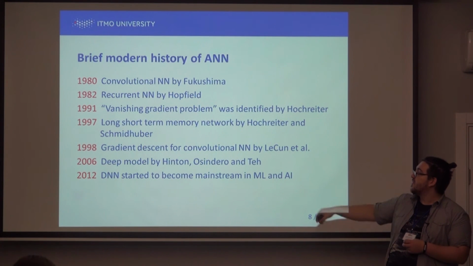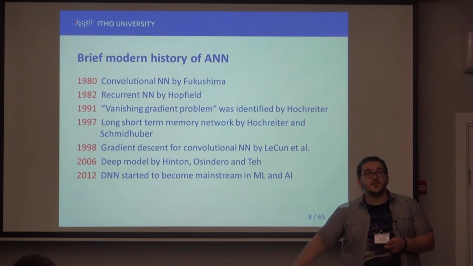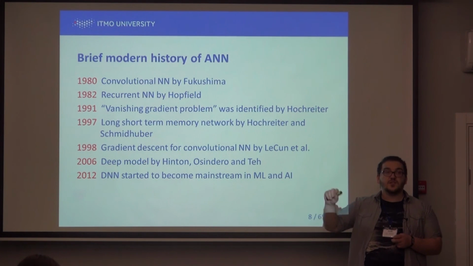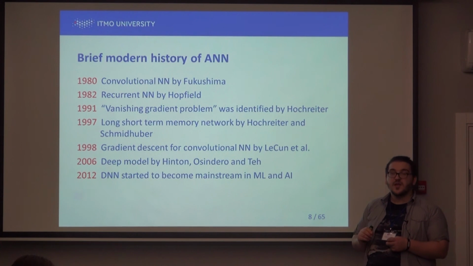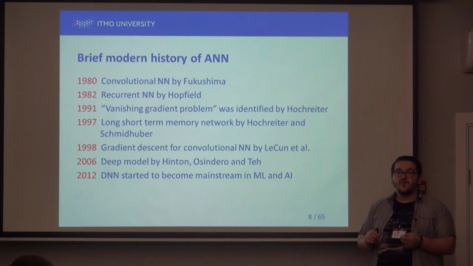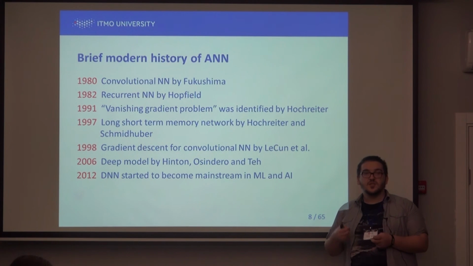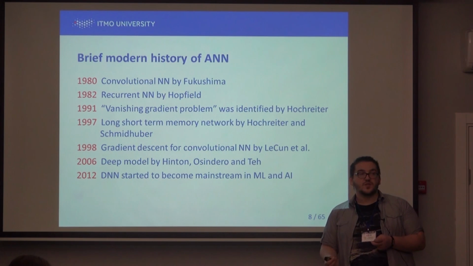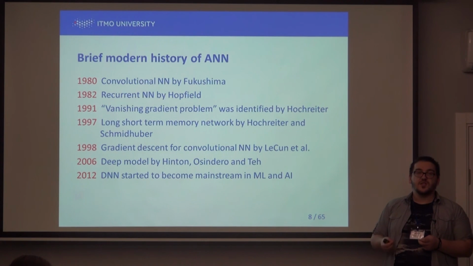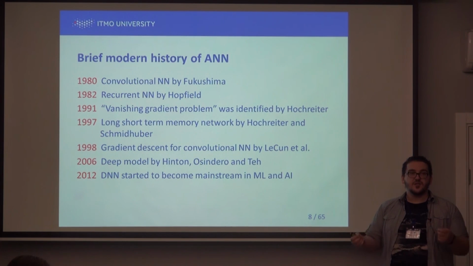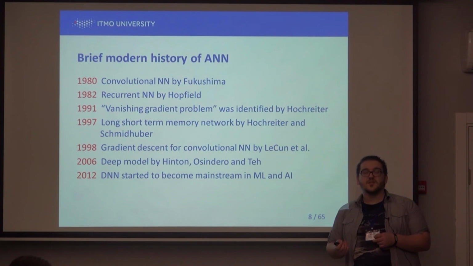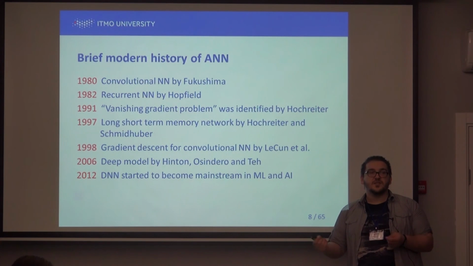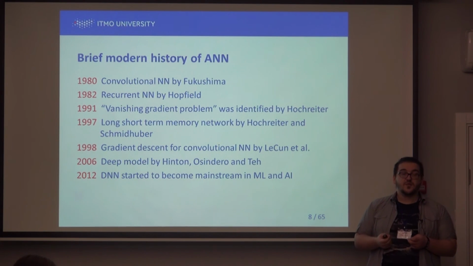Situation started changing in 2000, and a real breakthrough was in 2012. Despite all the models suggested before, it was a really hyped year for deep neural networks, because in that year, 4 very famous competitions were won by deep architectures. The most known is the ImageNet competition, where we need to classify lots of images, and 2 PhD students of Geoffrey Hinton, with their architecture, won this competition with a very fascinating result.